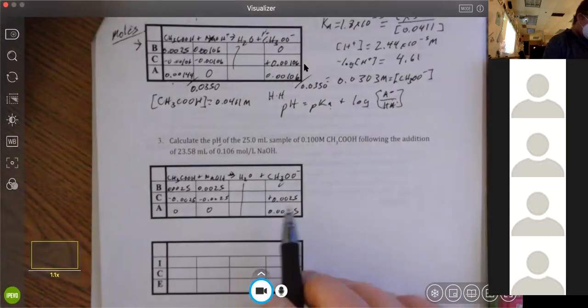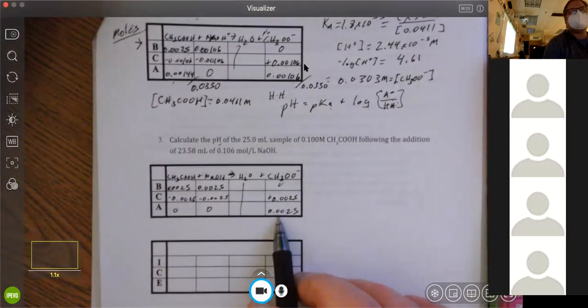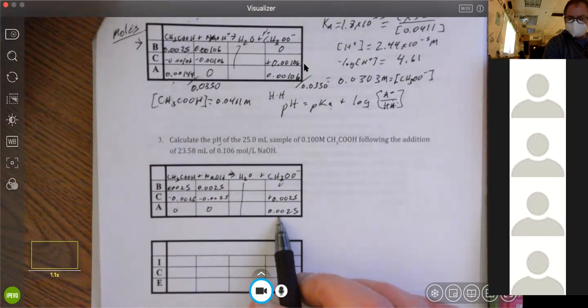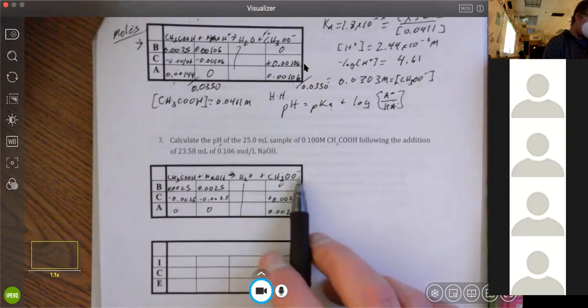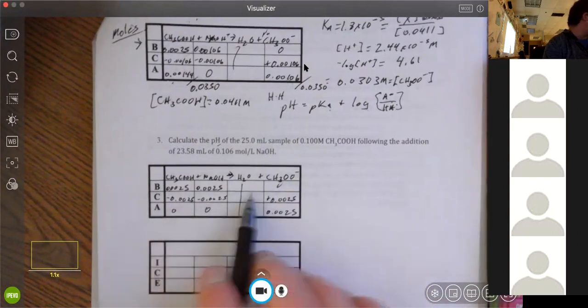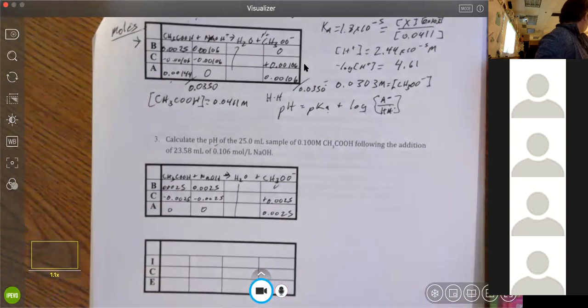And here's the thing. We have that weak base. What does that weak base tend to do? Well, what's it going to do if it has this negative and everything else is equal? It's going to start pulling hydrogens off of who?